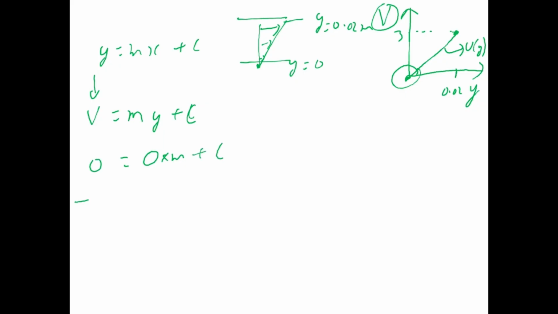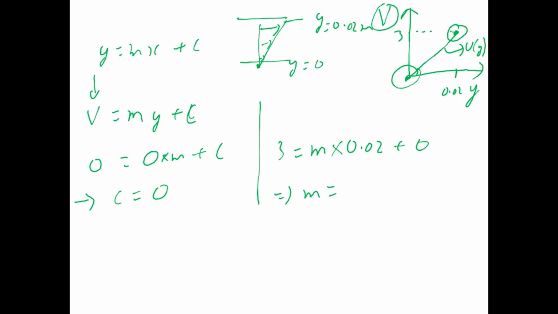You have c. This relationship will give you that c, your constant, or your y-intercept is 0, right? Next, if you plug in the value at the second point, you'll see that v is 3 at the location y corresponding to 0.02, and your c, you already found out to be 0, right? So from this you'll get the slope of the line, which is 3 by 0.02, right? You could have also found this m directly from this.